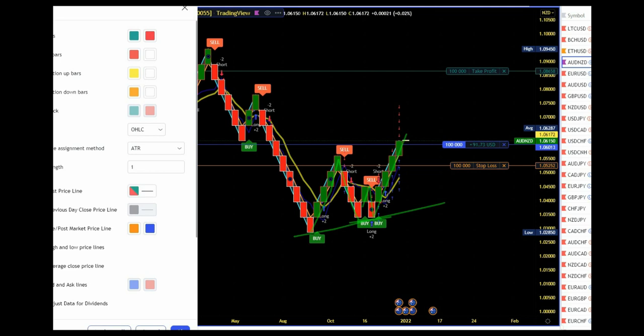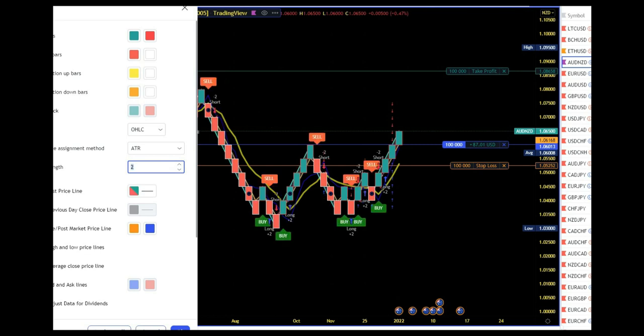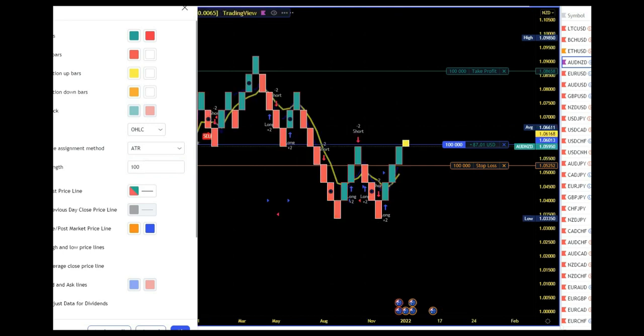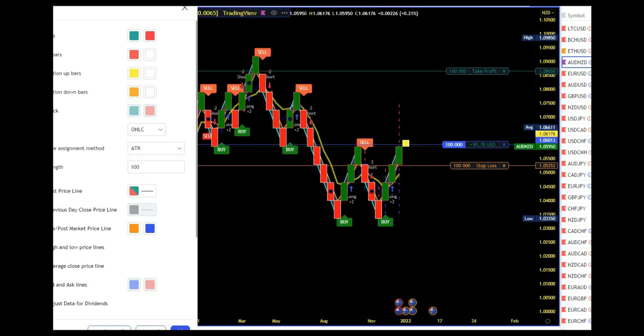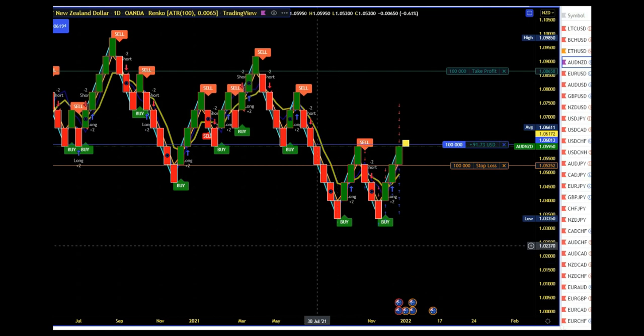What happens if I do it here? Then we see this nice movement. So a double bottom, right? And it's clear to see where the Australian dollar is going. By the way, this is the chart of Australian dollar versus the US dollar.